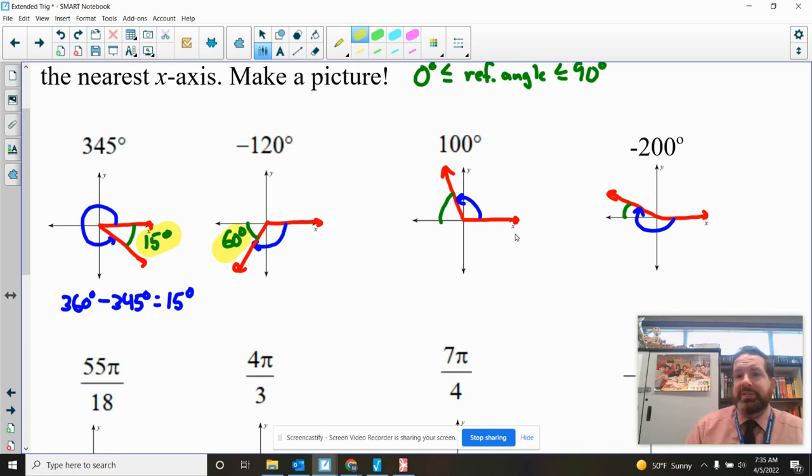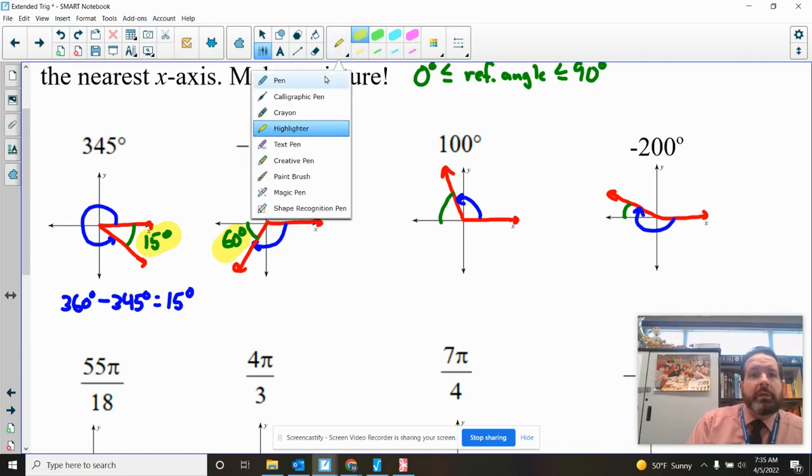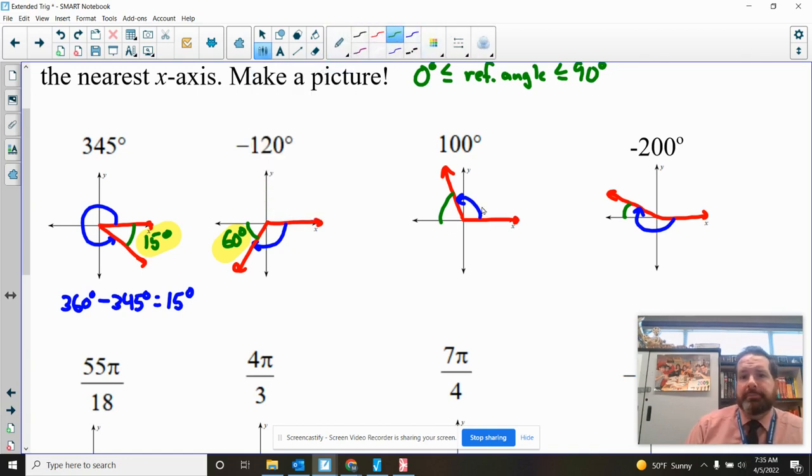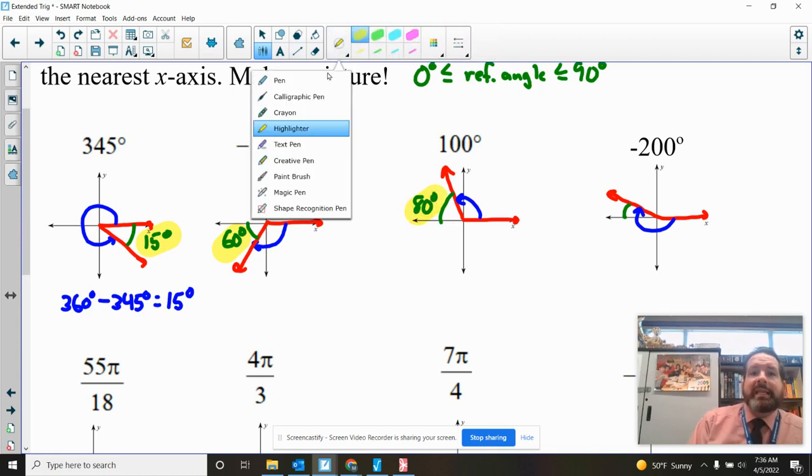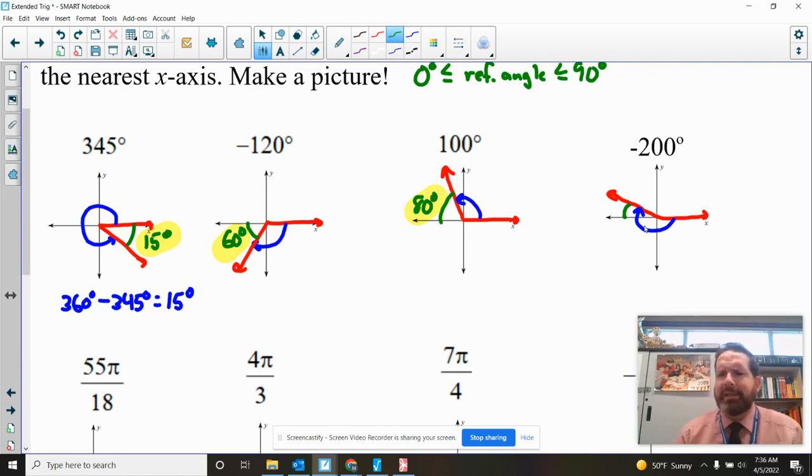I want you to figure out these next two, see what we got. Okay, for this one, together they make a full half turn. I've already got 100. That means this must be the other 80 degrees. And now this last one. So this one, it's a little bit different because the blue and the green together, they don't make a half turn. They don't make a full turn.